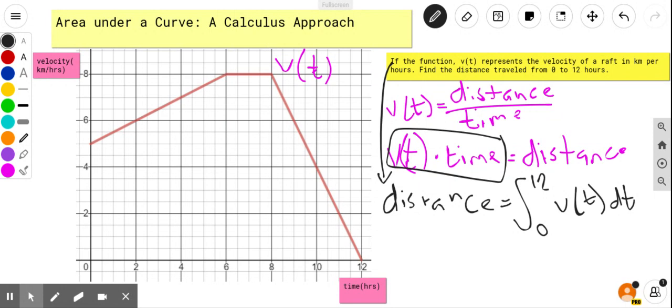But because I have such straight lines, I can do this a couple different ways. I'm going to break this up into a couple shapes. So this one will be a trapezoid. And then I'm going to make myself a little rectangle.